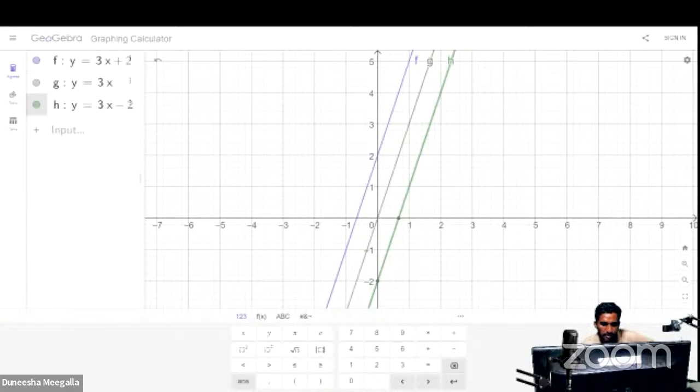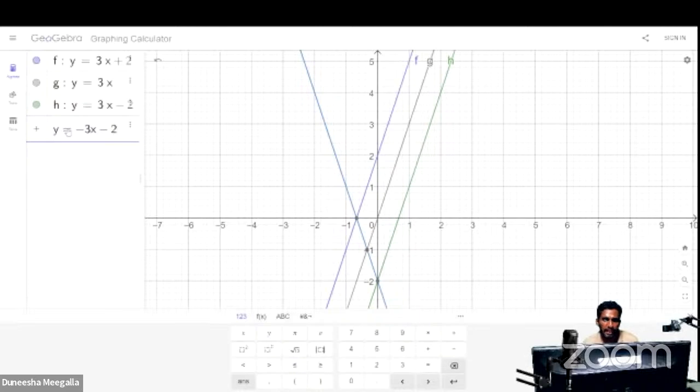If y equals minus 3x minus 2, what is this? Another graph came, like a blue color. What happened?